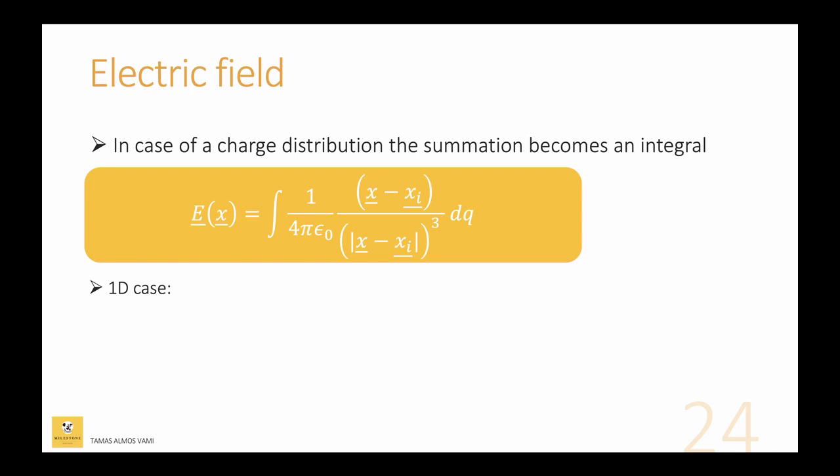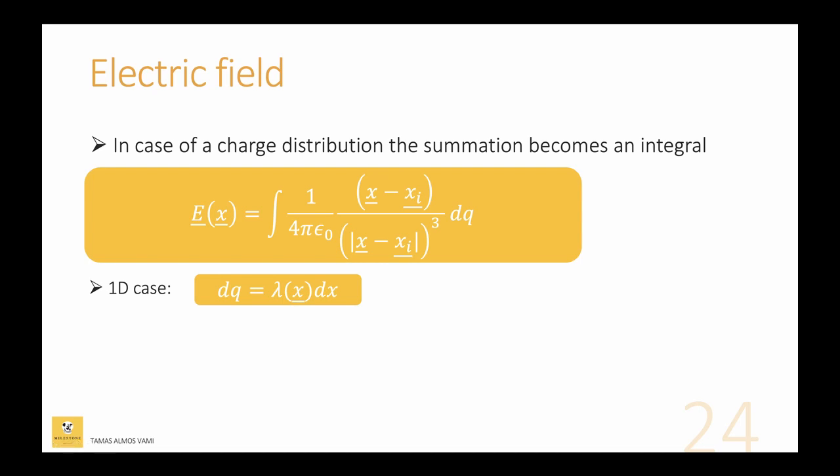It's good to have three categories with the three dimensions. So in case you have a one-dimensional system, it is usual to denote the one-dimensional line integral with lambda for the charge density. That's the one-dimensional charge density.